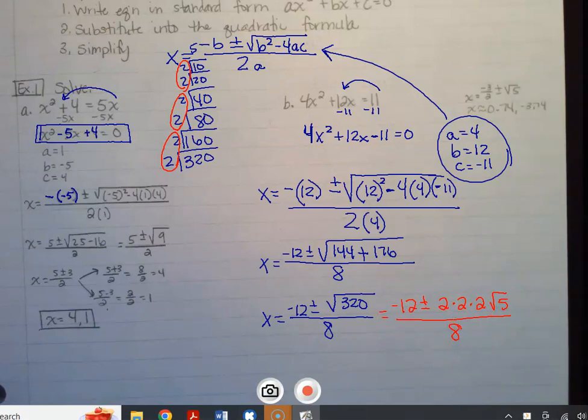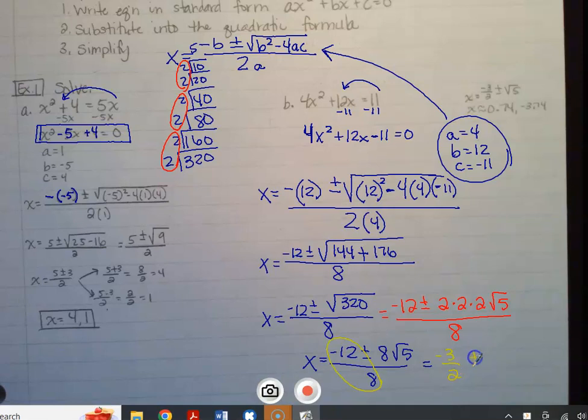Okay, so x equals negative 12 plus or minus 2 times 2 times 2 is 8 times the square root of 5, divided by 8. Okay, so we're going to simplify that. Just like yesterday, we have to divide each part of this by 8. So negative 12 divided by 8 simplifies to negative 3 over 2.